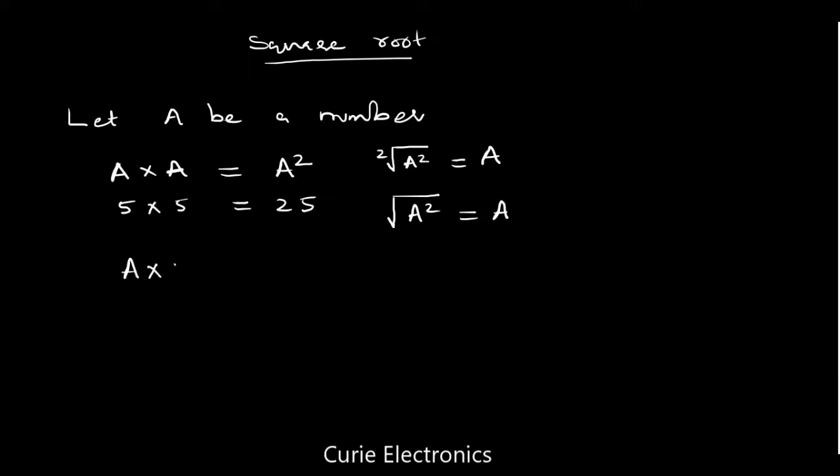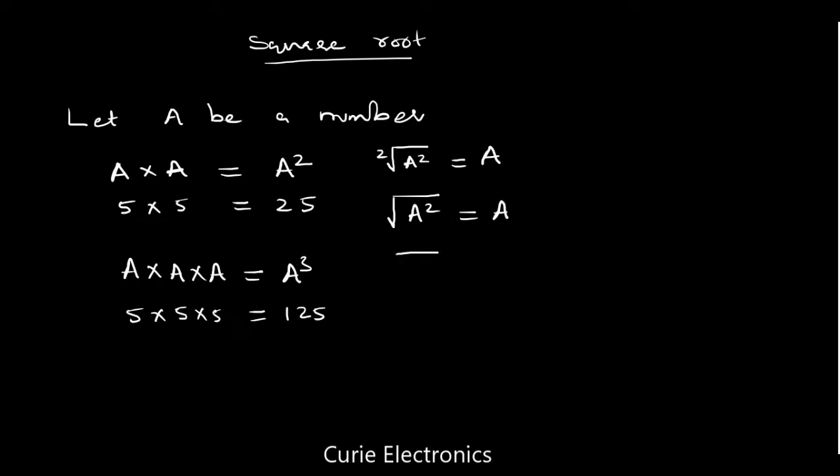If you multiply A 3 times, what do we get? We get A cube. Let me take 5: 5 multiplied by 5 multiplied by 5. 5 multiplied by 5 gives 25, and 25 multiplied by 5 gives 125.